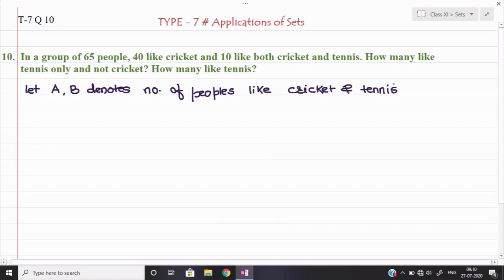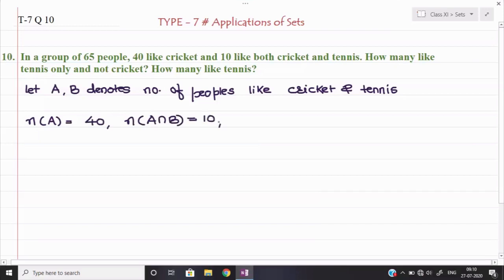These many persons are given to us, those who like cricket and tennis, that we shall mention here. So n of A is equal to 40, then n of A intersection B, because 10 like both, so n of A intersection B is given as 10.